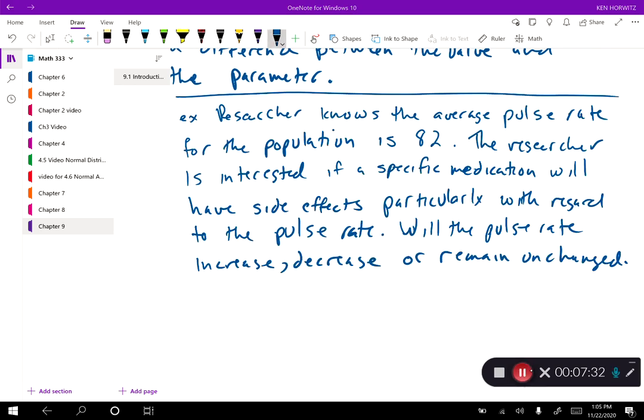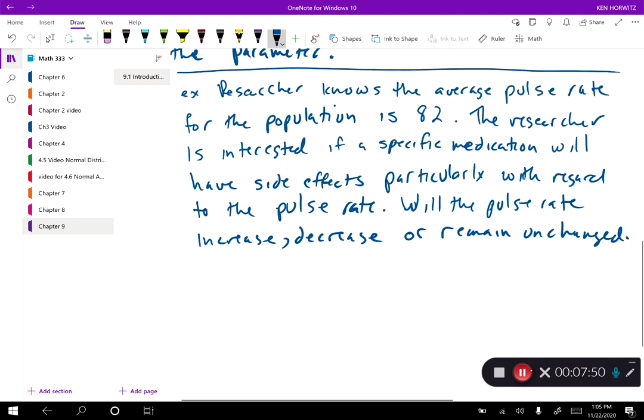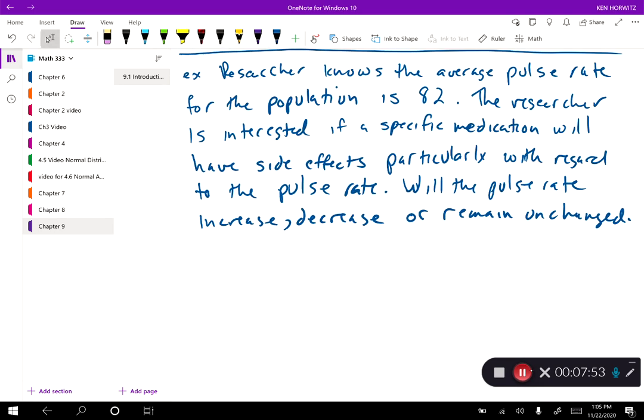Okay, so a researcher knows the average pulse rate for the population is 82. A researcher is interested if a specific medication will have side effects, particularly with regard to the pulse rate. Will the pulse rate increase, decrease, or remain unchanged? All right, so we need to start with our null hypothesis. And our null hypothesis, again, is just that our population parameter is true, which is that mu would equal 82 as our pulse rate.